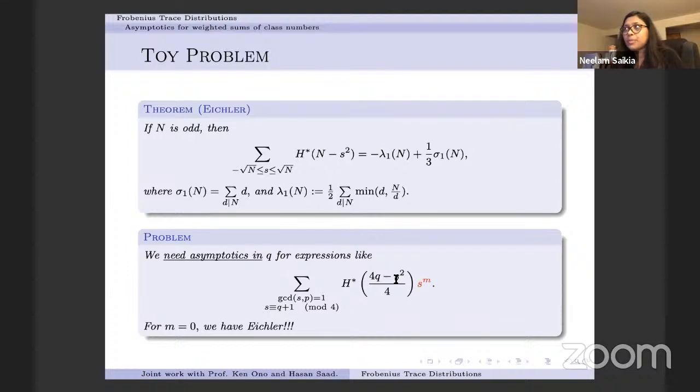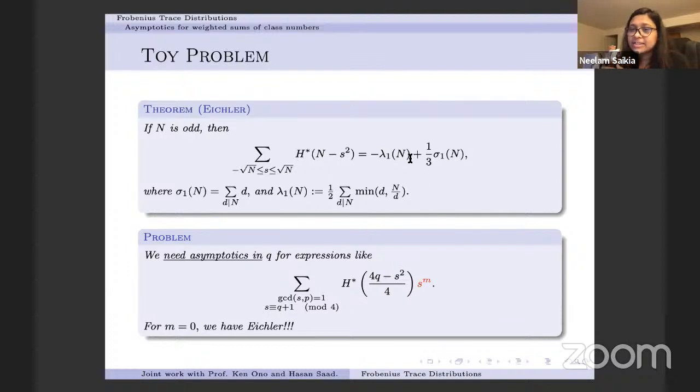If we remove this factor 4 from here and here, we get that this sum will behave like this sum, and here we have the weight s to the m. If we have m equal to 0 here, then this sum behaves like this Eichler sum.